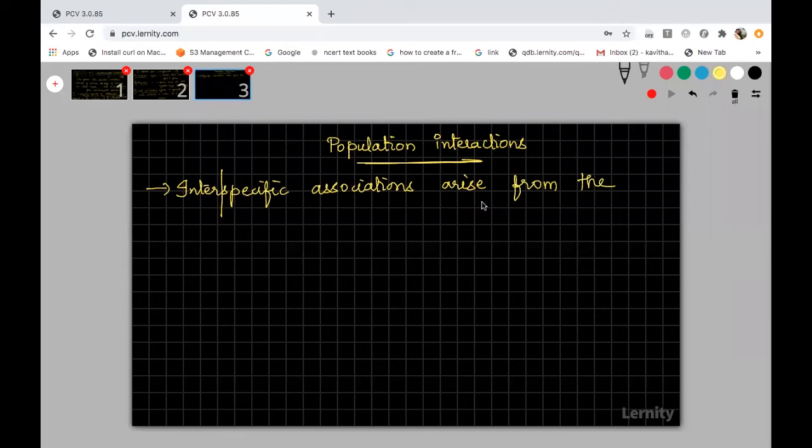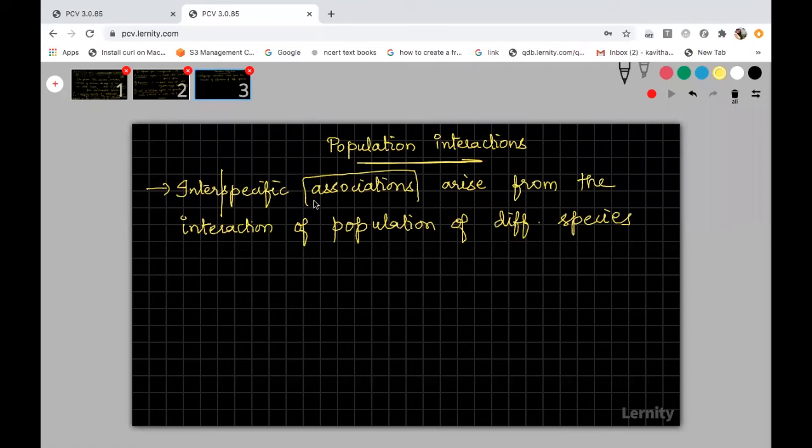Interspecific associations arise from the interaction of populations of different species of organisms. When populations of different species interact with one another, interspecific associations arise, and we are going to study them.